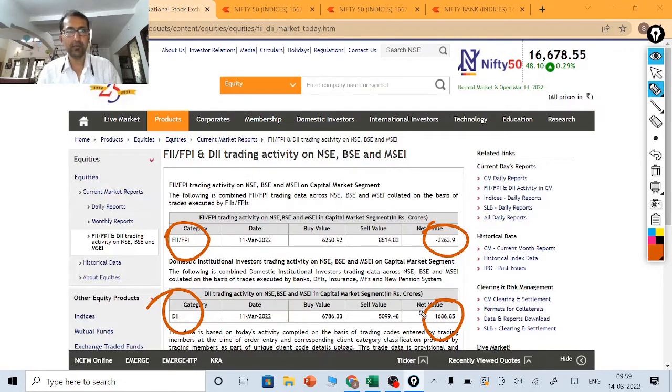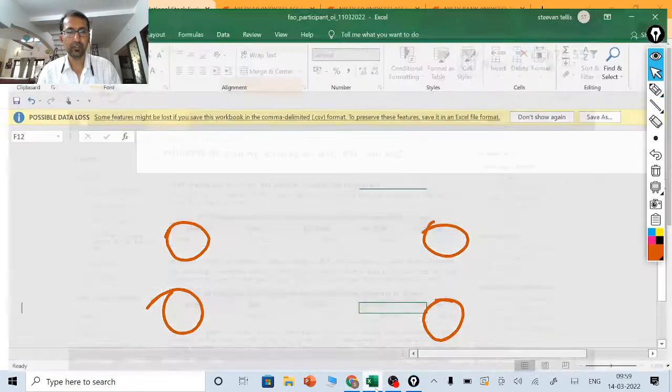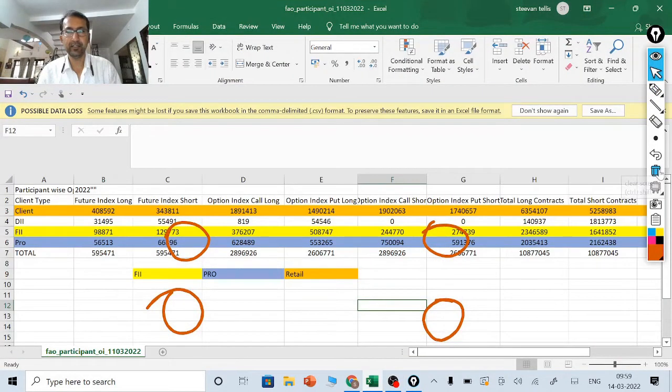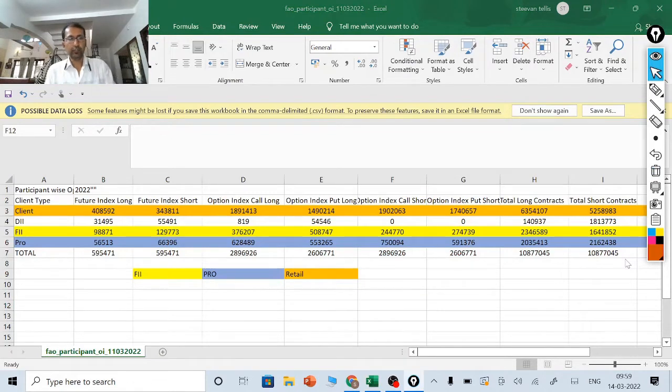So now let me come to the data on derivatives for FIIs. Let me read. So yellow is marked for FIIs, then pros and retailers. If you look at the FII statistics, you can see FIIs have shorted the index.